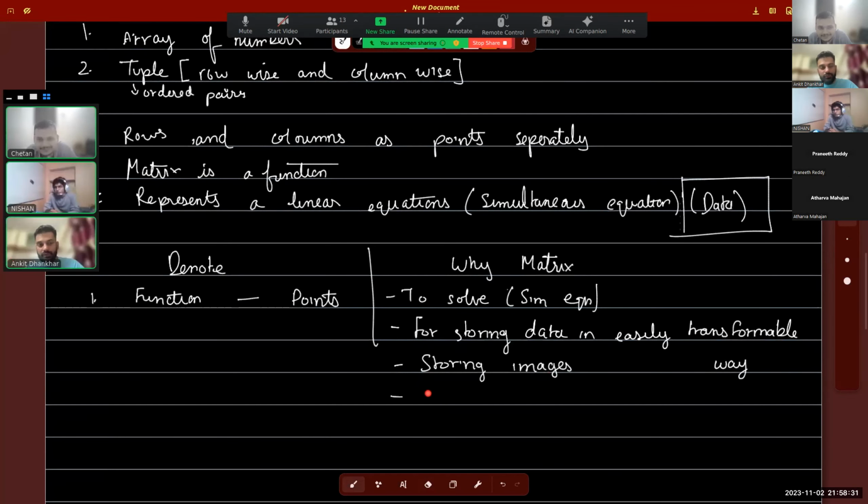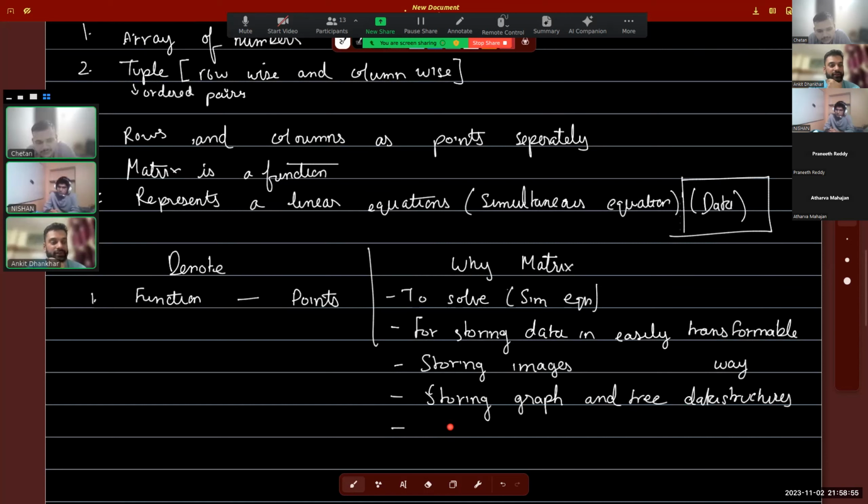It almost covers the main things essentially: functions, then rows and columns, points, then arrays of numbers. What uses do you know of matrices other than the ones we have already listed? Data compression, projections, clustering.